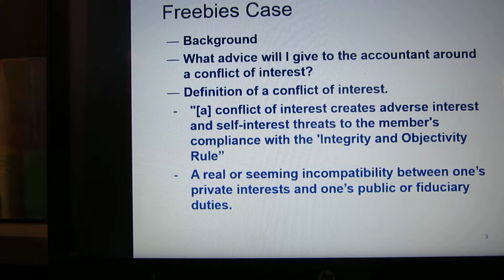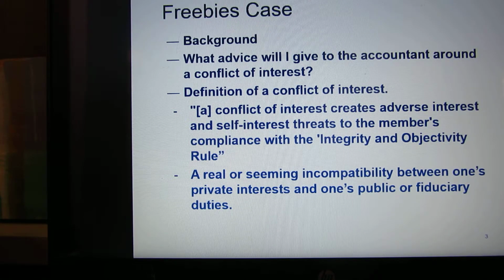As a first step, I think it's important to define a conflict of interest. The AICPA Code of Professional Conduct defines a conflict as follows. A conflict of interest creates adverse interest and self-interest threats to the members' compliance with the integrity and objectivity rule.